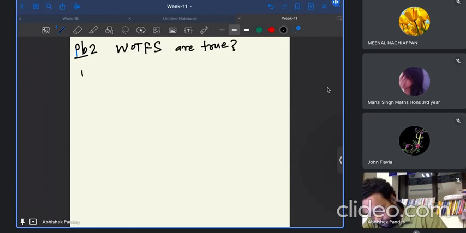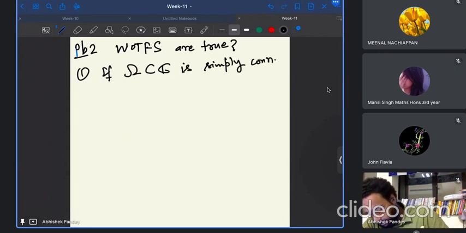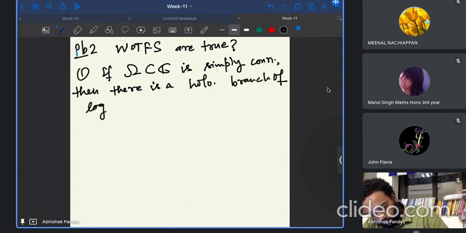The first one is, if omega subset of C is simply connected, then there is a holomorphic branch of log z on omega.